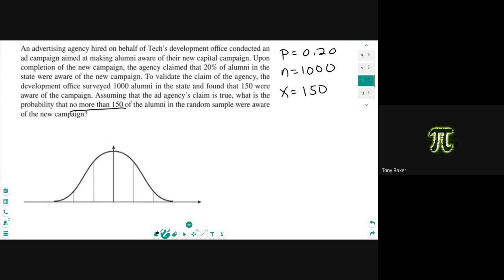No more than 150 means less than or equal to 150. Less than or equal to means I need to go up a little bit, so I'm going to make this 150.5. That includes the 150.